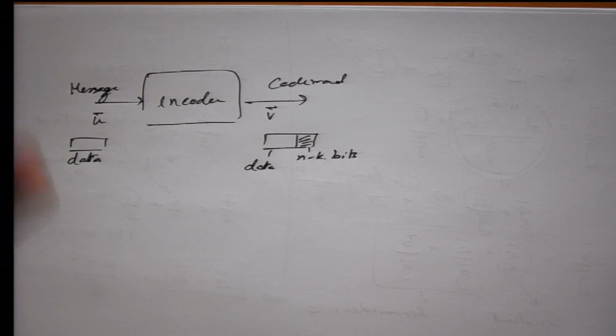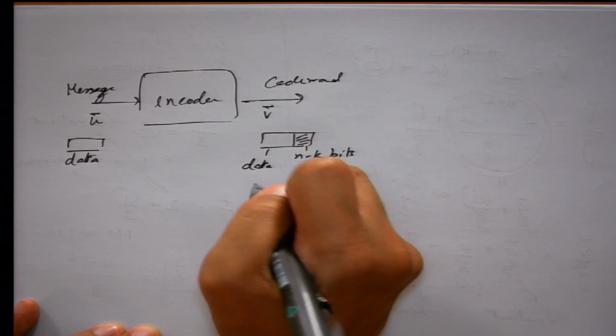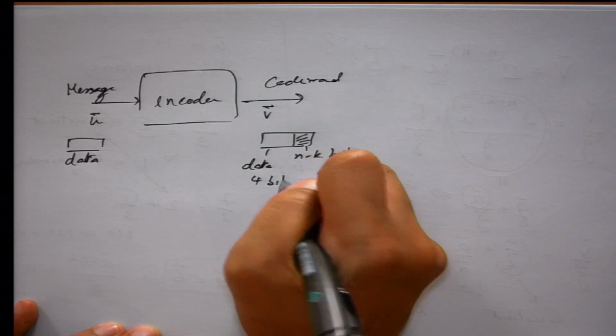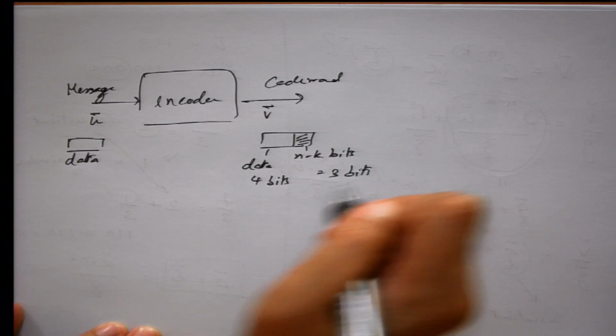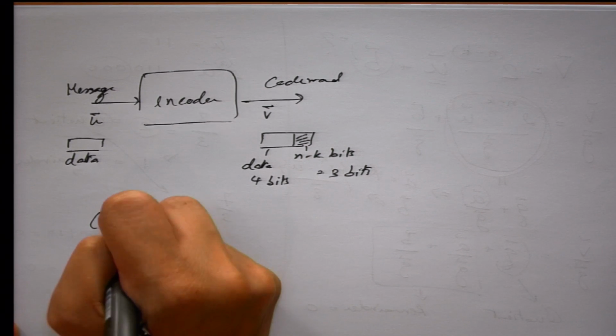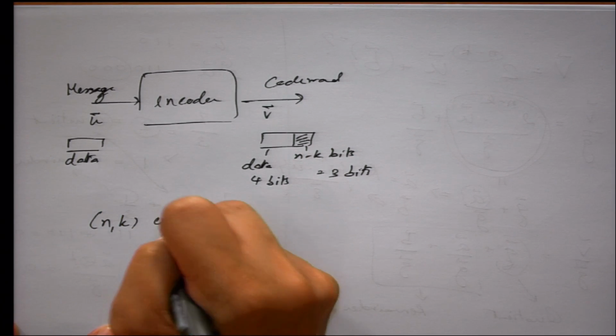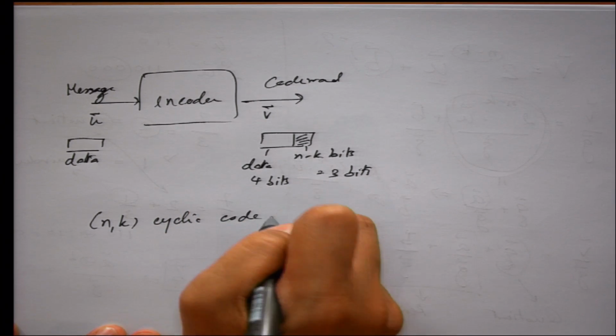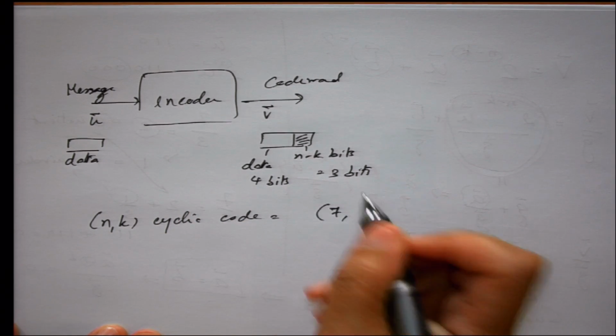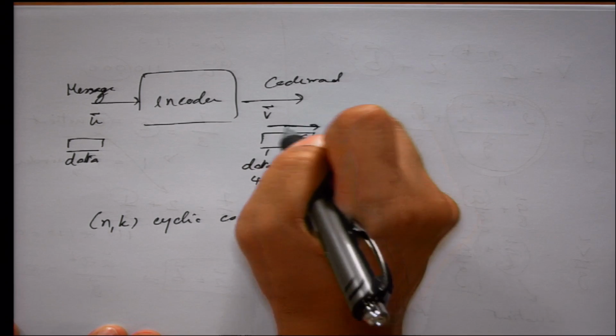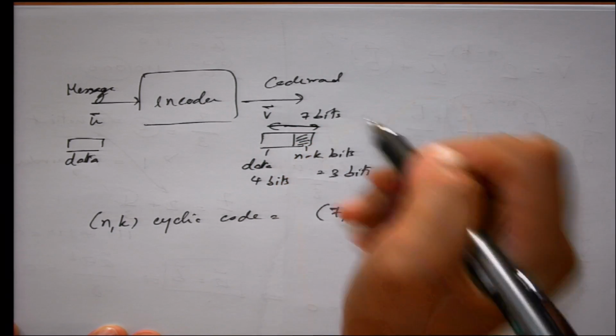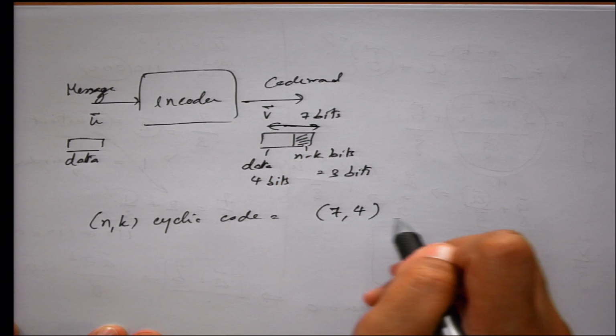So this is 3 bits, this is 4 bits, this is 3 bits. So this is an n, k cyclic code, n equal to 7, because the total is 7 bits, and k is 4.